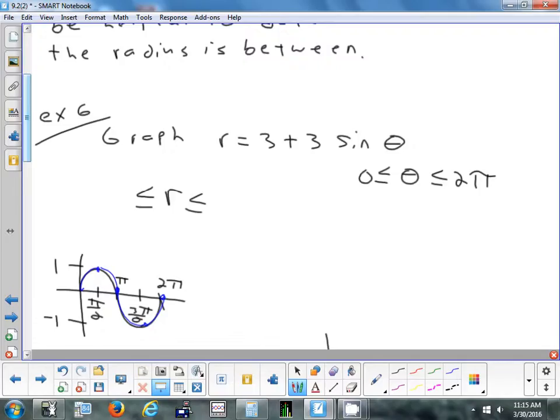So when we start to look at the radius for this function, we're going to think about sine in those 4 sections. From 0 to 90, increasing, 90 to 180, decreasing, 180 to 270, decreasing even more, and then 270 back to 360, increasing. And that'll kind of help us to figure out what this is going to look like.